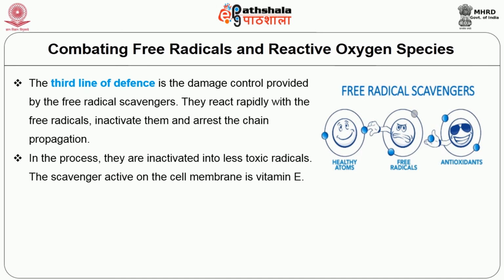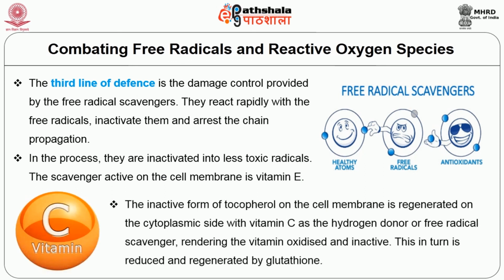The scavenger active on the cell membrane is vitamin E. The inactive form of tocopherol on the cell membrane is regenerated on the cytoplasmic side with vitamin C as a hydrogen donor or free radical scavenger, rendering the vitamin oxidized and inactive. This in turn is reduced and regenerated by glutathione.